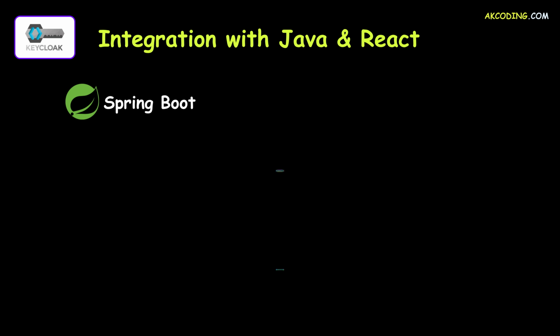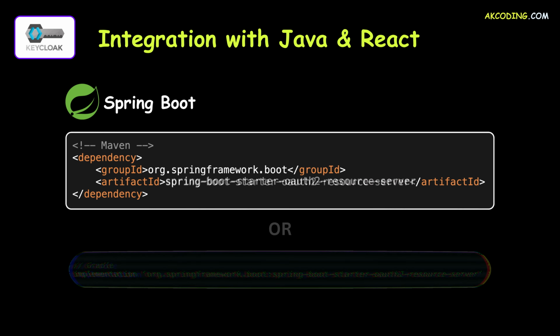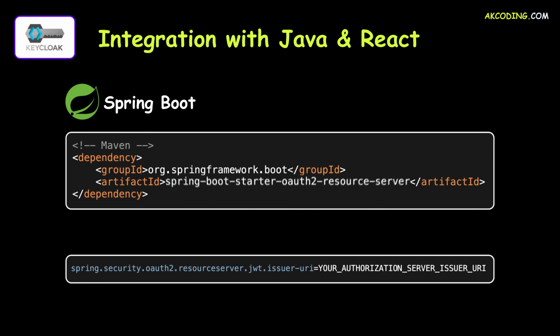Number 1, use spring-boot-starter-oauth2-resource-server as a dependency. Number 2, configure the Keycloak issuer URI in your application.yml file. Spring Boot security automatically validates the JWT token from Keycloak.